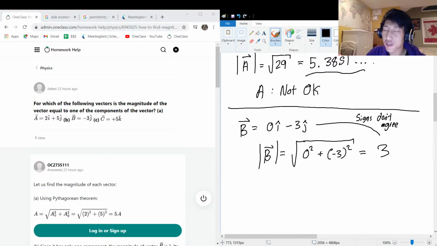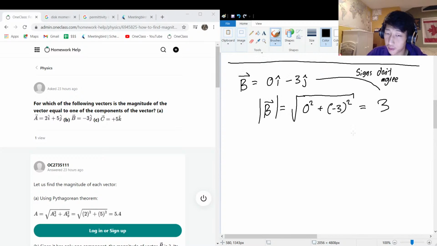But that could be controversial because you could say, well, the magnitude is equal to one of the components, because I guess the magnitude explicitly written out would be plus or minus 3, and it would be valid to say, but it would be more correct. Sometimes you have to choose the most correct solution, even if there are multiple controversially correct solutions. But I know for C, we're definitely going to come to a non-controversial conclusion.